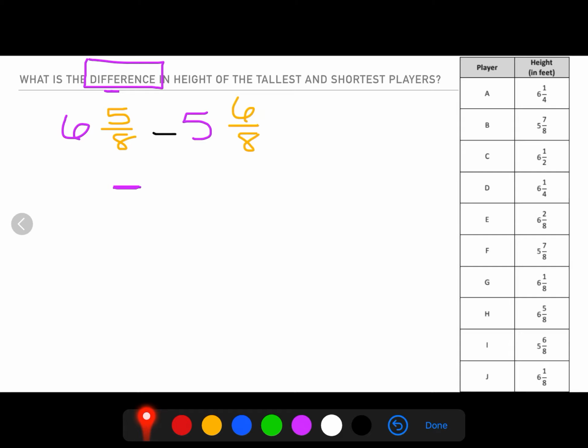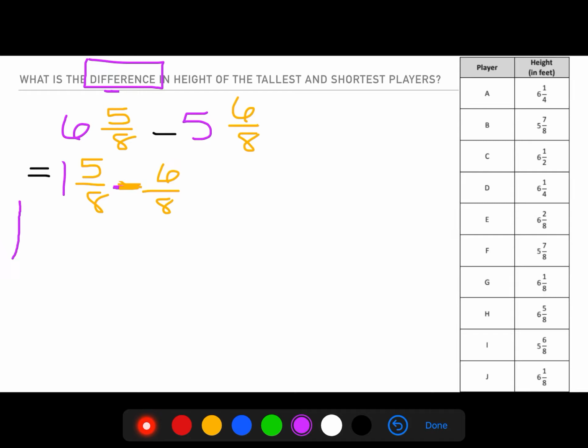So let's think about this as those candy bars. My favorite, those candy bars. 6 5/8. Again, 6 minus 5 would give me 1. So now I would have 1 5/8 minus 6/8.